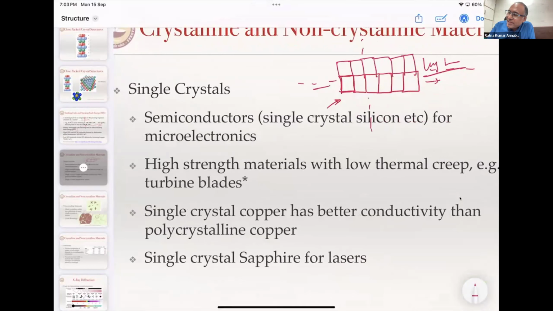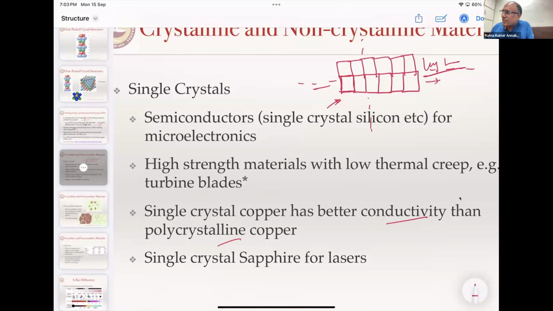You can have the same material as a single crystal, or it can also appear in polycrystalline form. A single crystal material is useful in some aspects, whereas a polycrystalline material will be useful in other aspects. For example, single crystal copper has better conductivity than polycrystalline copper. But polycrystalline copper is stronger than single crystal copper.